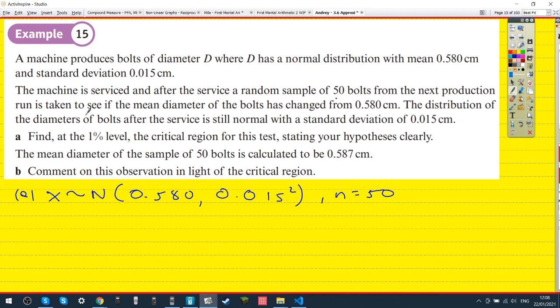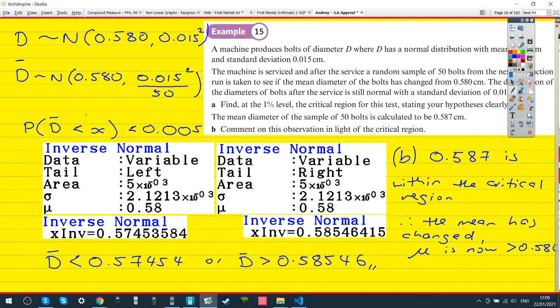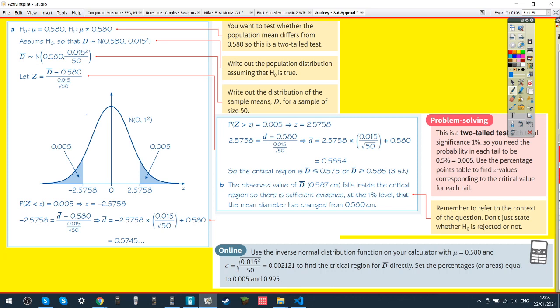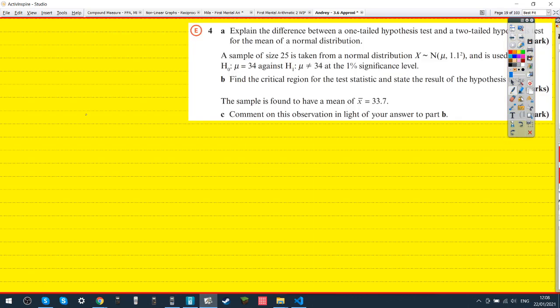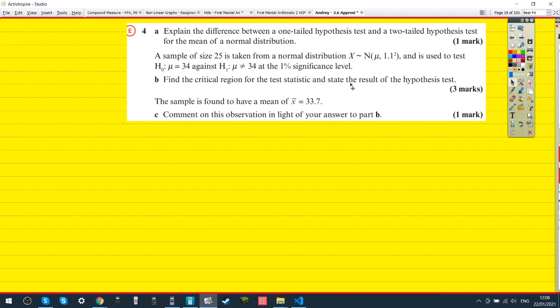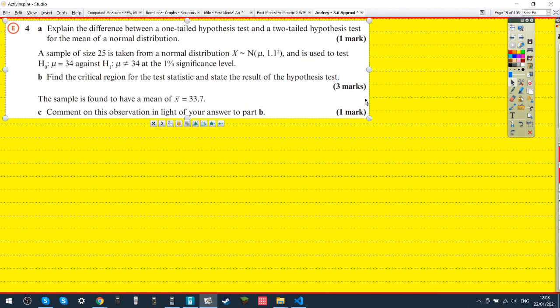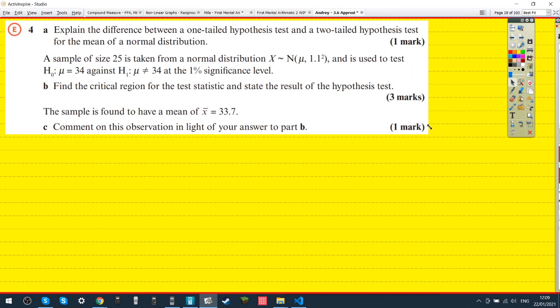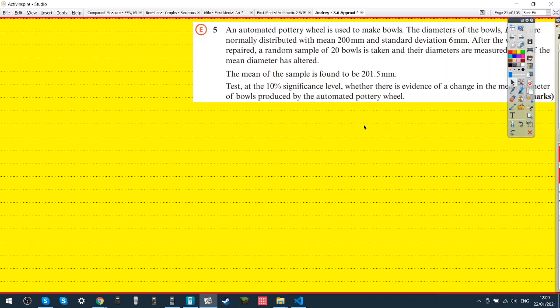Okay. I don't like this. One second. Yeah, they did two things at once. I don't like that. Let me see this one. I'll go back to that one in a minute. Explain the difference. Oh, okay. So they're doing two things at once.